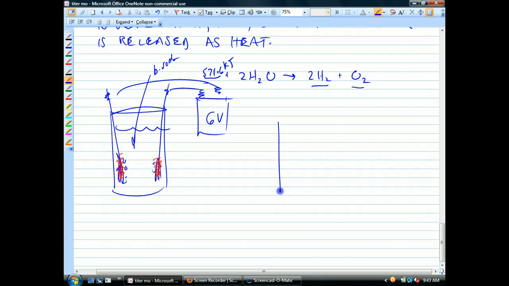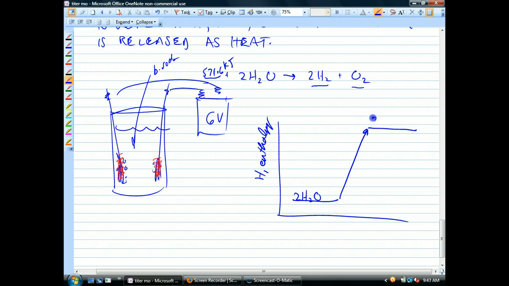Now, if I draw my little energy diagram, what I was doing is this. I was starting with 2 moles of water, which were down here in my enthalpy scale, in terms of potential energy, and I was boosting it up in potential energy. This might seem kind of weird, but think about it like pushing a ball up a hill.